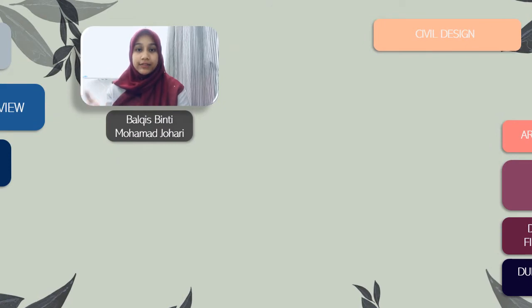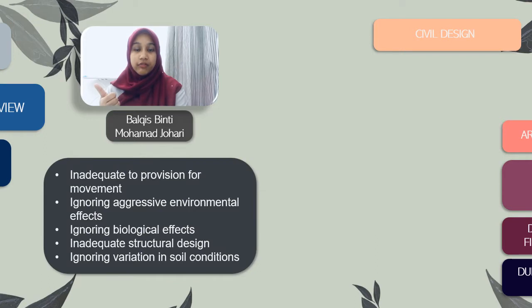First one is civil design. There are 10 defects that usually occur in the early design stage, which are: first, inadequate provision for movement. Second, ignoring aggressive environmental effects. Third, ignoring biological effects. Number 4 is inadequate structural design. Number 5 is ignoring variation in soil condition.